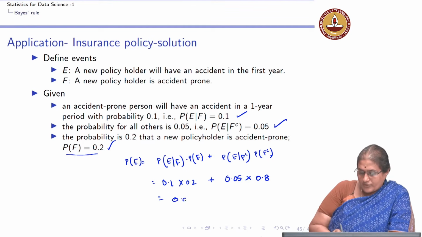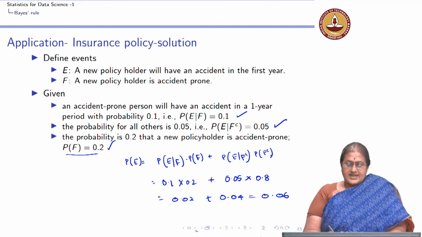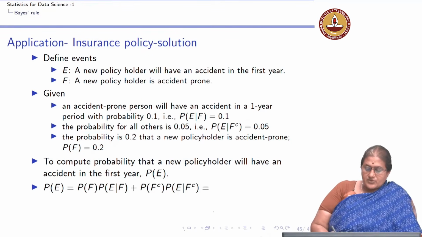So, I get 0.02 plus 0.04, which is equal to 0.06. So, that is the answer which we have.